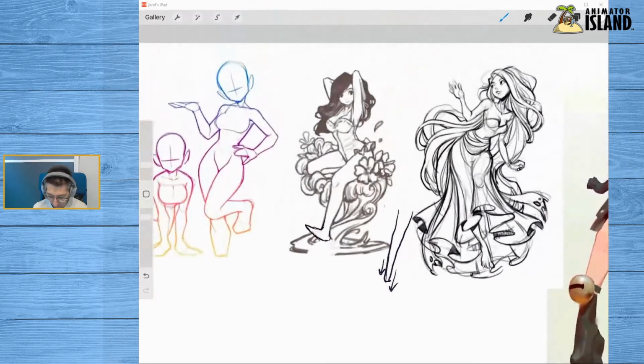If we go up now, this pose feels different. It feels a little more, what's the word? It feels a little more lighthearted in a sense. It's a little less elegant. It's not bad, it's still a pretty pose. It's still a very lovely drawing.